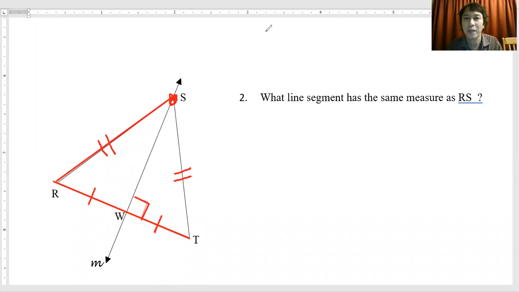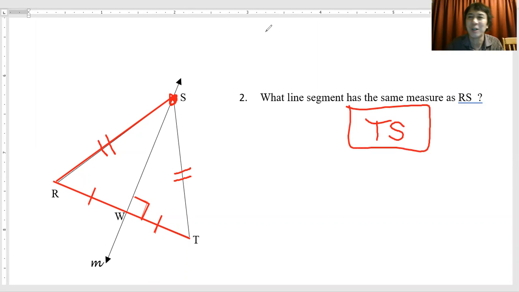And so what line segment has the same measure as RS? It must be TS. The answer here is TS. Same measure, they are congruent. So this goes to our number 2. Let's continue with the next number.